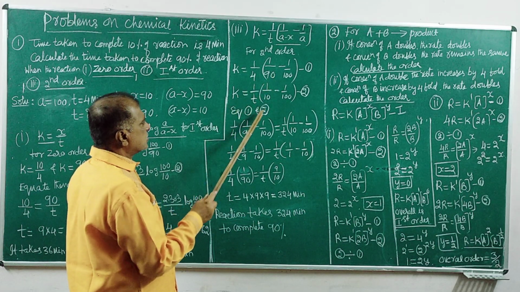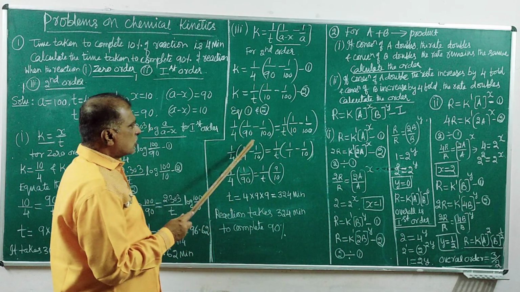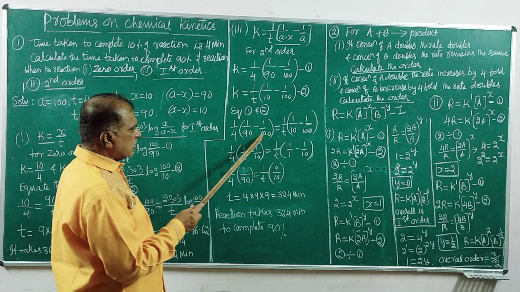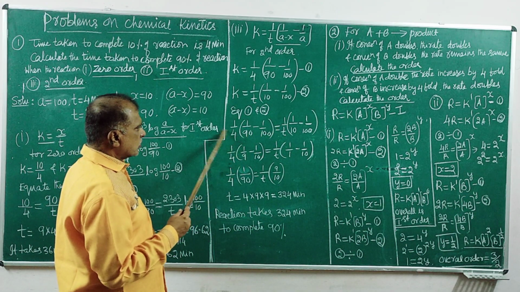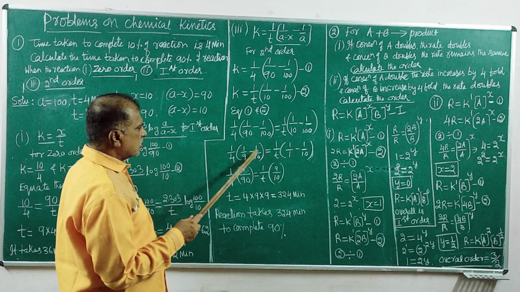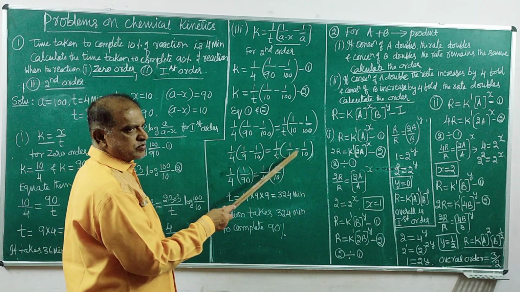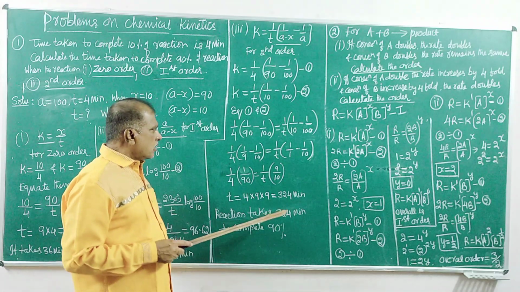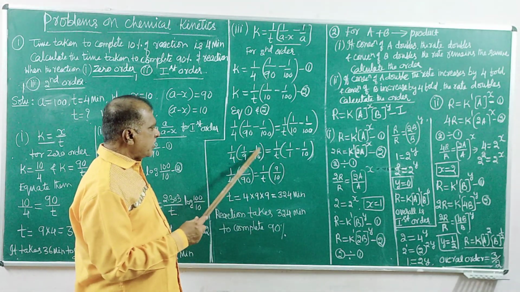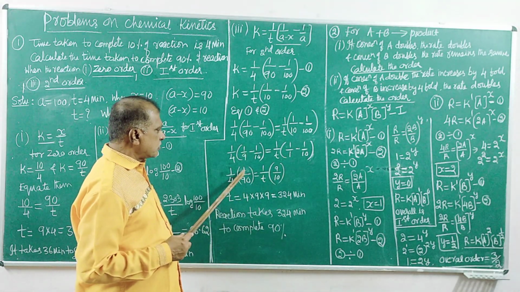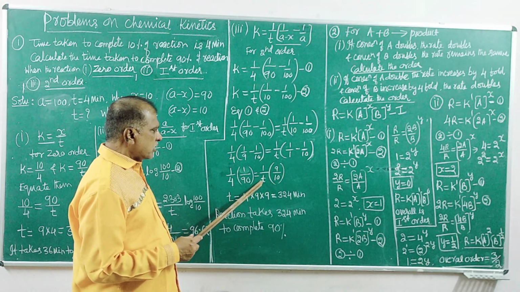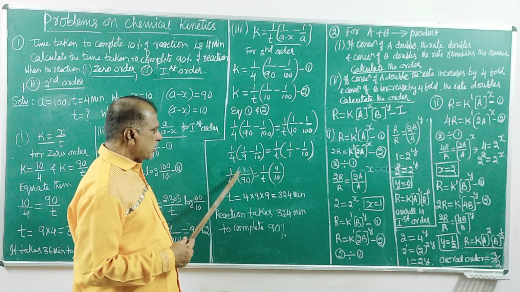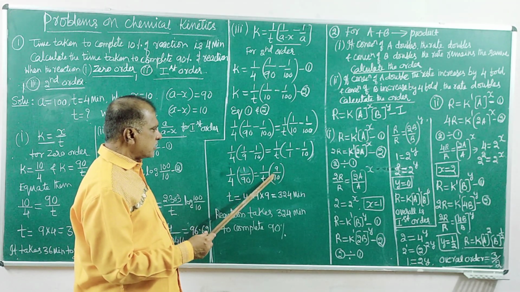This equals this. Simplify. So you can take out 1 by 10. 1 by 10 cancels. Here 1 by 4 remains. Simplify, simple mathematics. You have to simplify by taking LCM. This is 1 by 90, 9 by 10. t is equal to, take t to the left hand side, numerator, all the remaining to the right hand side.